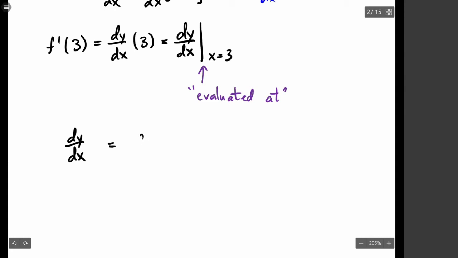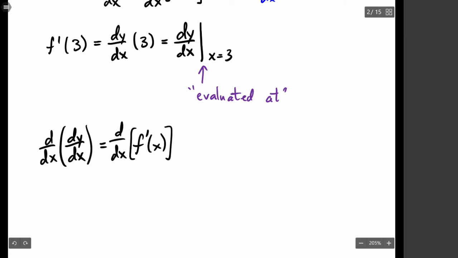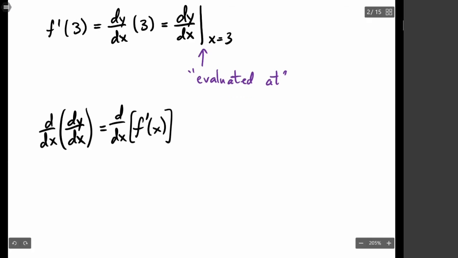This is f prime of x, and since that's just another function, we can take the derivative again. So what does that give us? Well, this one, we usually will write d squared y by dx squared.